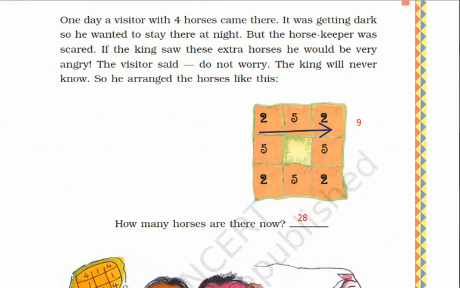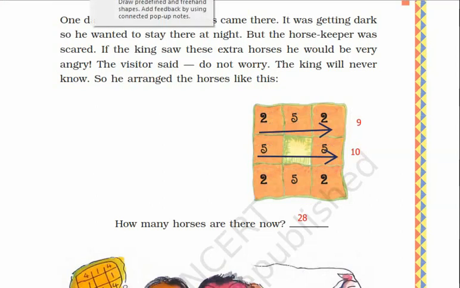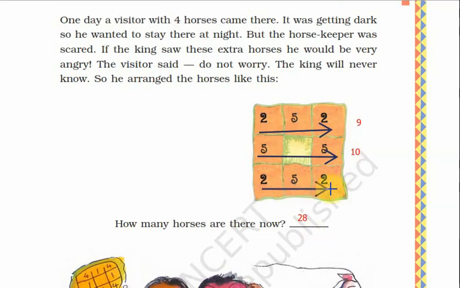Now again, in the second row, how many horses are there? 5 plus 5. How much is 5 plus 5? 5 plus 5 is 10. And again, in the next row, see how many are there? 2 plus 5 plus 2. 2 plus 5 plus 2, you will get 9.